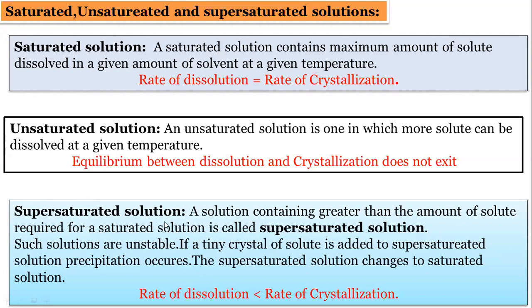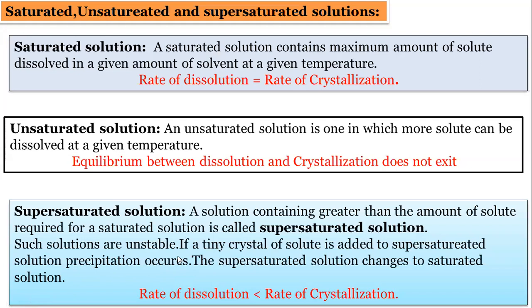So this solution is very unstable. Why is it unstable? Because if a tiny crystal of solute is added to the supersaturated solution, precipitation occurs. Means if a very little amount of solute is added, immediately precipitation takes place.